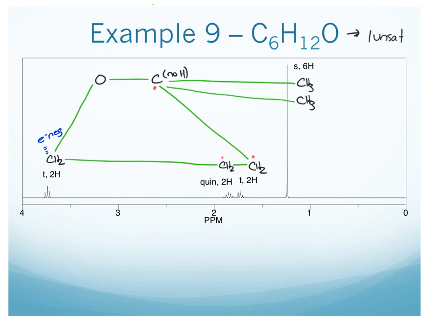And what we end up with is a ring. And that ring is our one unsaturation. So if we draw this a little better, we have a ring with an oxygen in it. It's a 5-membered ring. And on the carbon next to the oxygen, we have a couple of methyl groups.